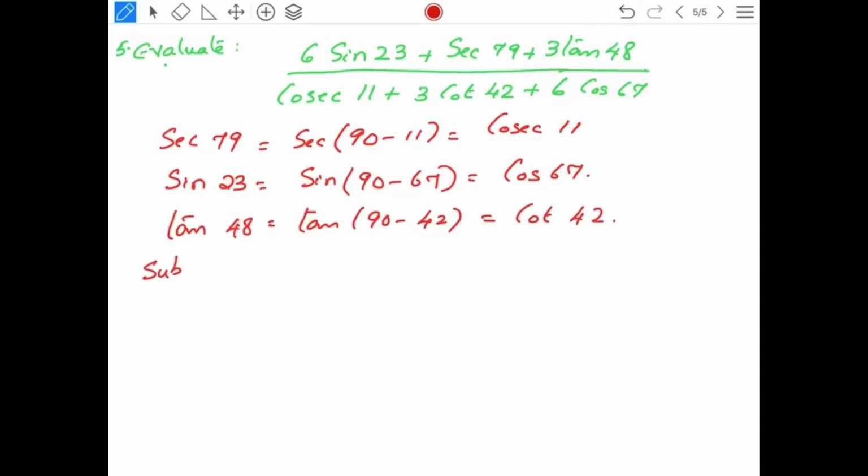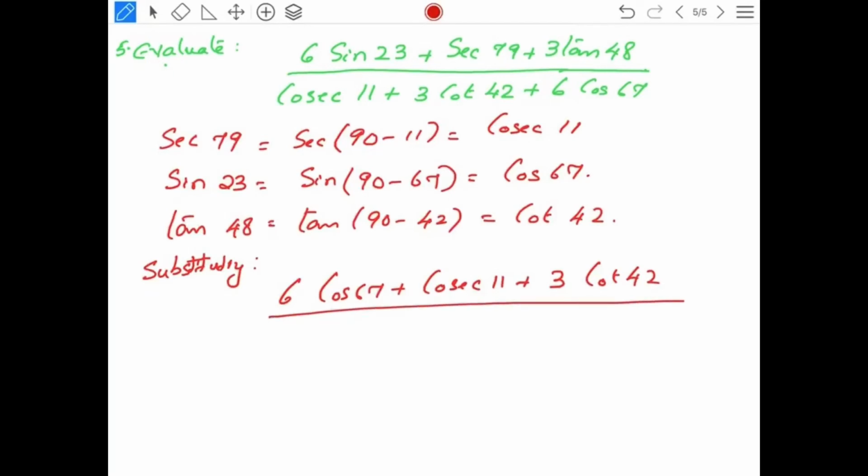Now substituting, sine 23 is cos 67, plus secant 79 is cosec 11, plus 3 tan 48 is cot 42.